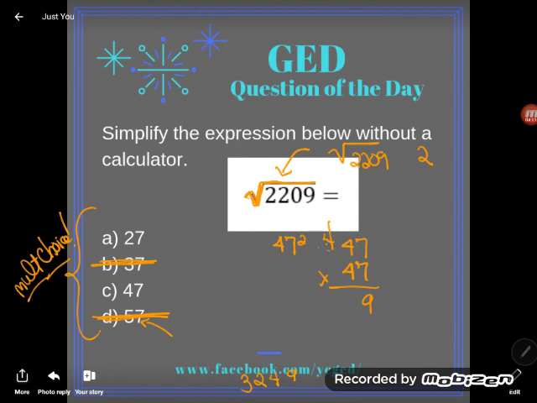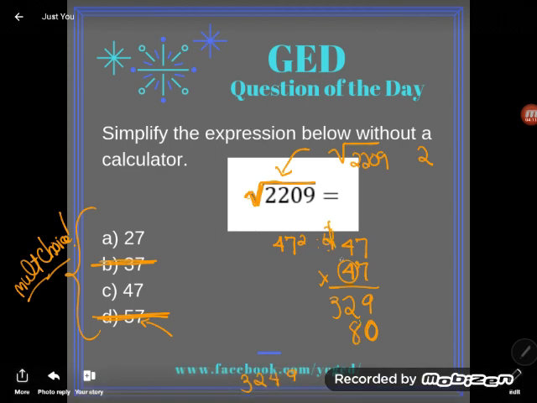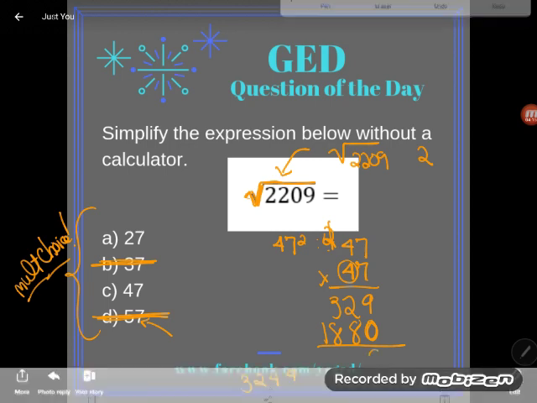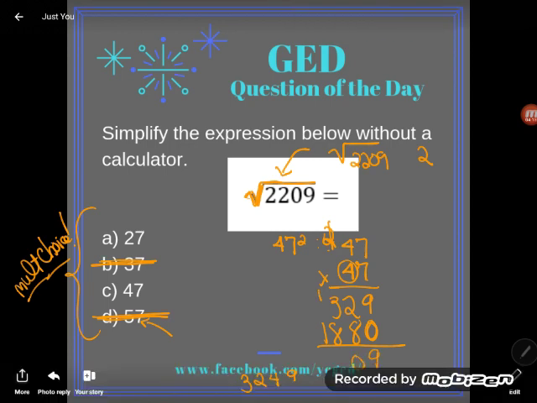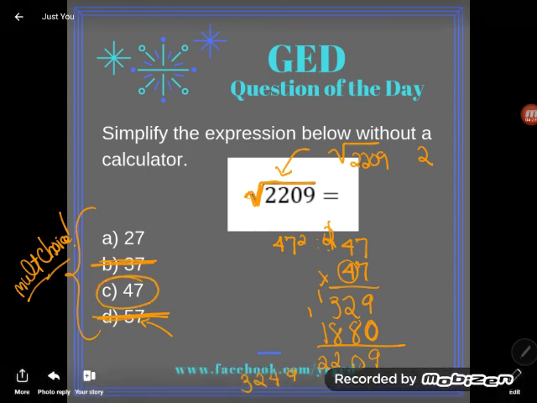Now I'm multiplying with the 4, a 40, so I better put a 0 there because it's really a 40, not a 4. And 4 times 7 is 28. And let's take a look here. 9 plus 0 is 9. 2 plus 8 is 10. Carry the 1. And look at that, 2,209. What is the square root of 2,209? It's 47. I know because I checked.